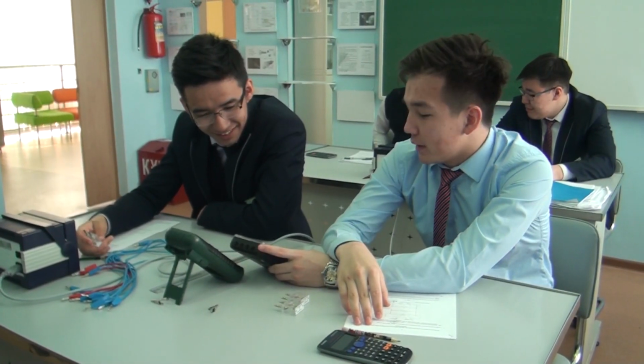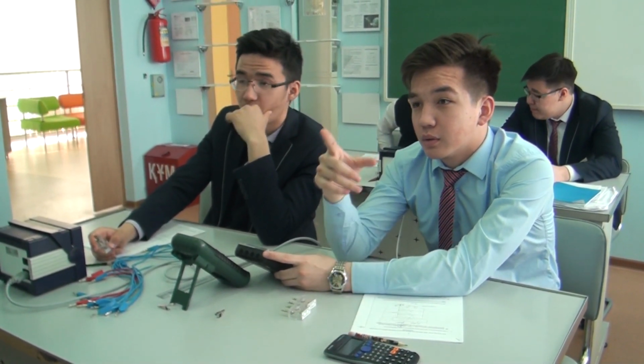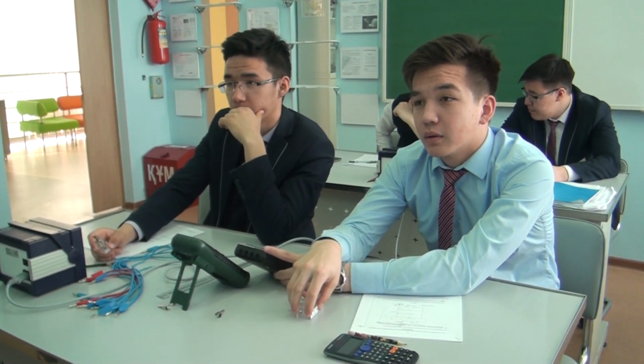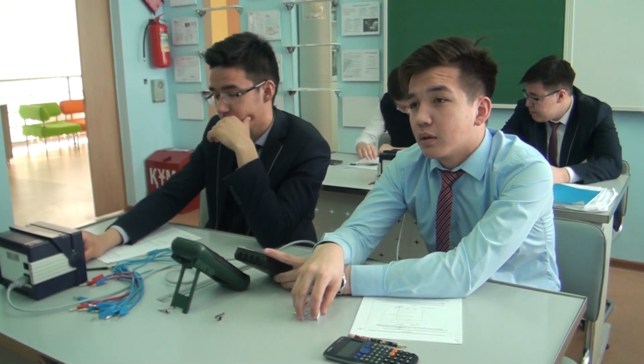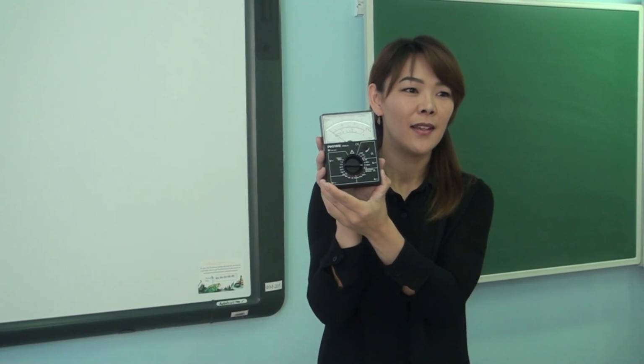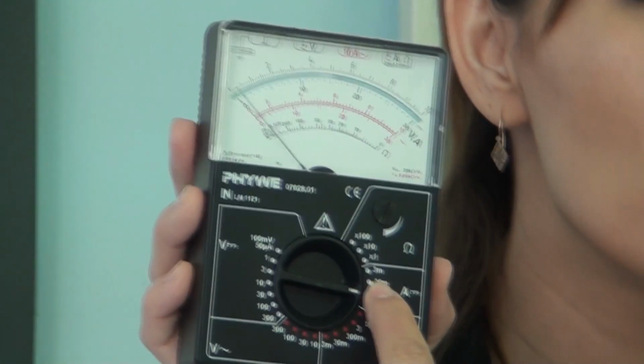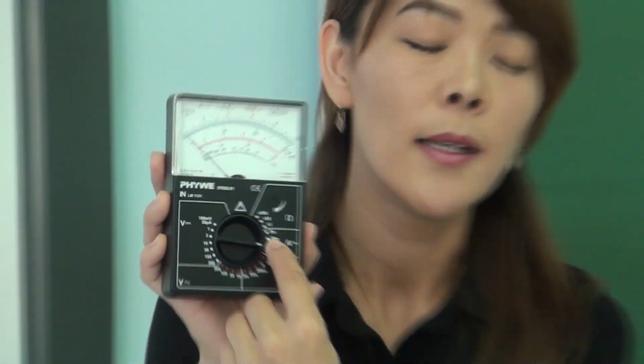We should multiply the values that we get from the experiment by the shown value. Okay, you think so? Yes. How do we check what quantity we should multiply?